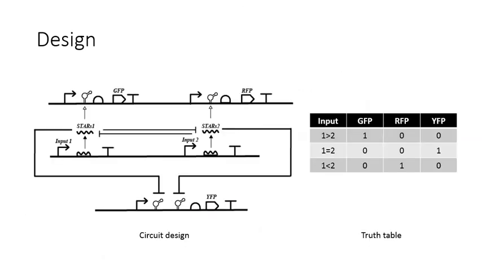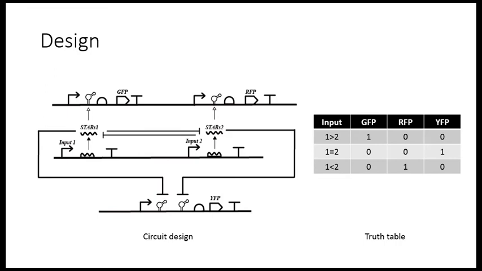Here is an illustration of my design. STAR1 and STAR2 can be controlled by two inputs, and they will inhibit each other through base pair interaction. When input 1 is over input 2, the amount of STAR1 will be over the amount of STAR2. So most of STAR2 will bind with STAR1.